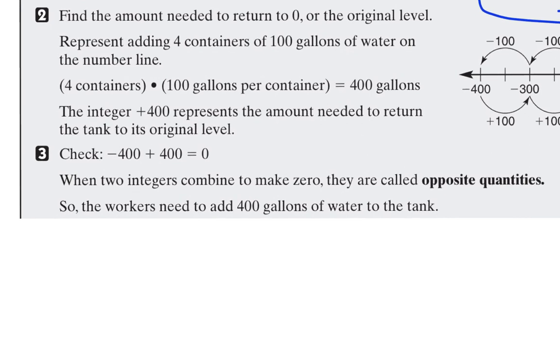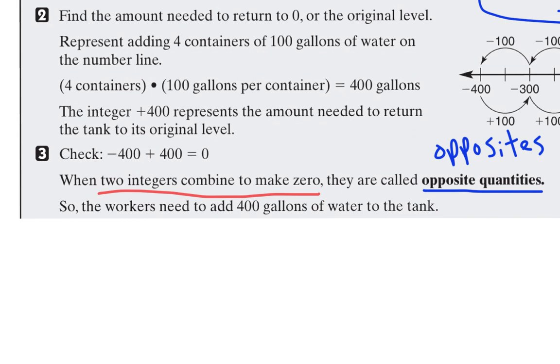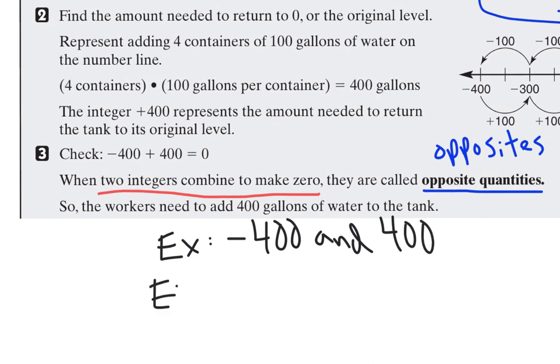They talk about here opposite quantities. We've talked about opposites a little bit before. So instead of opposite quantities, if you want to think of these as opposites, they are 2 integers that combine to make 0. So some examples of opposites, we just had negative 400 and 400, because if you add those it would equal 0.